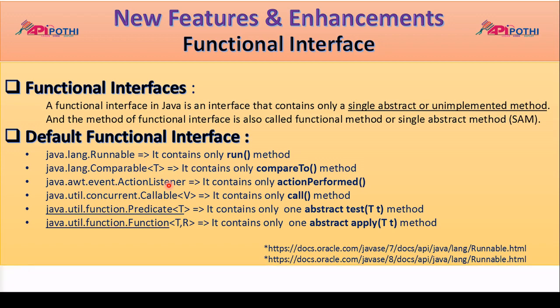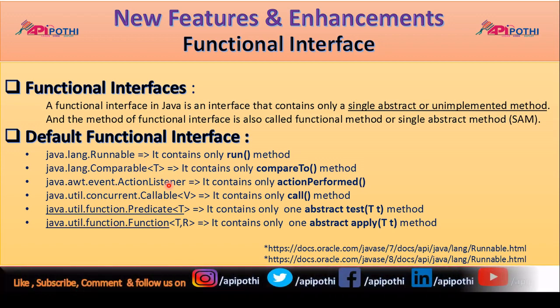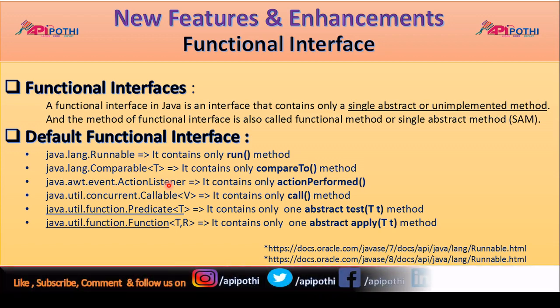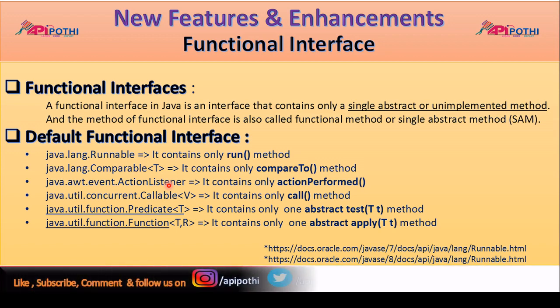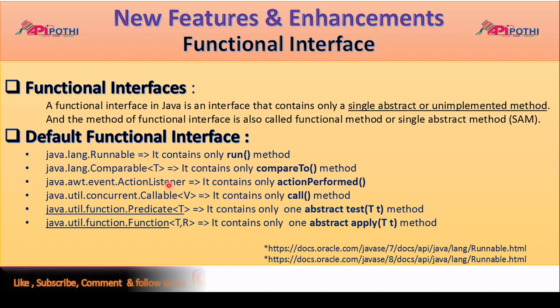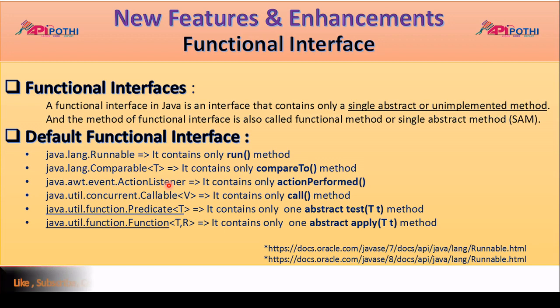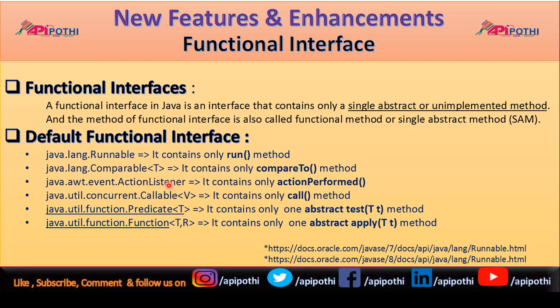The reason is that Runnable contains only one unimplemented method, called the run method, followed by Comparable, which also contains only one unimplemented method, called compareTo, and ActionListener and Callable also contain only one abstract method, called actionPerformed and call respectively.